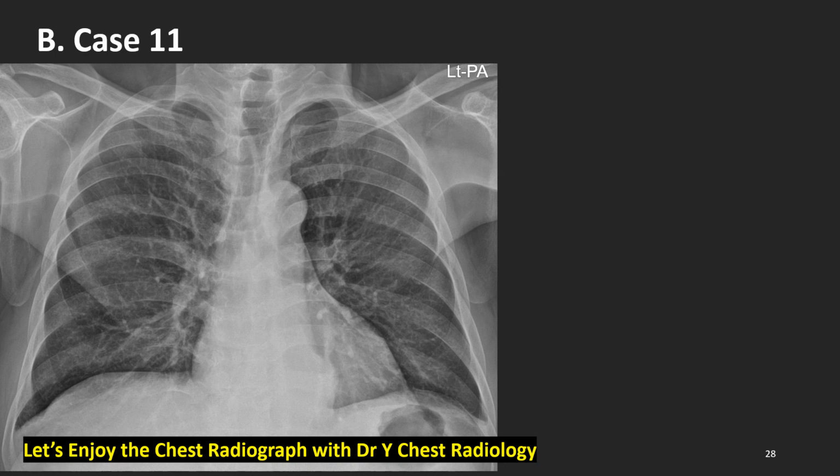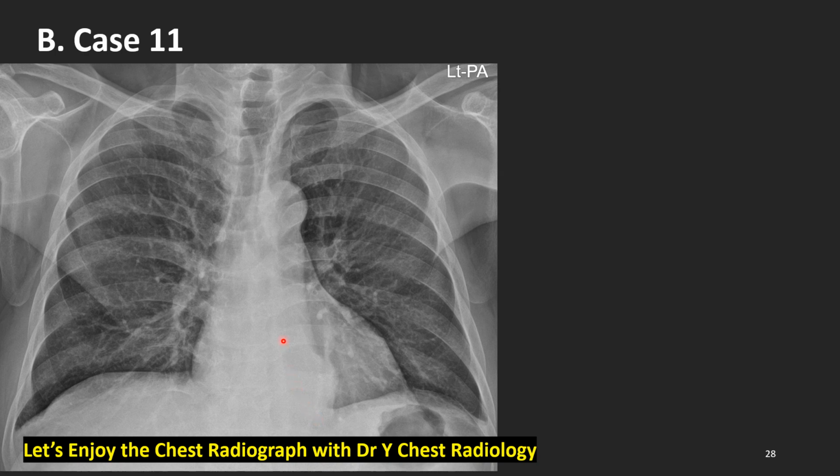Case number 11. What do we see with this middle-aged man's chest radiograph? Yes, there is a bulging contoured mass here, retrocardiac, and obliterating the aortic line. That means this mass is mediastinal but in contact with the aorta, a para-aortic lesion.